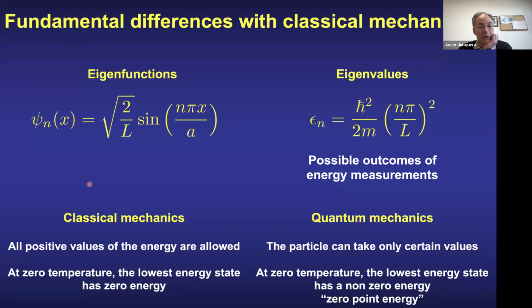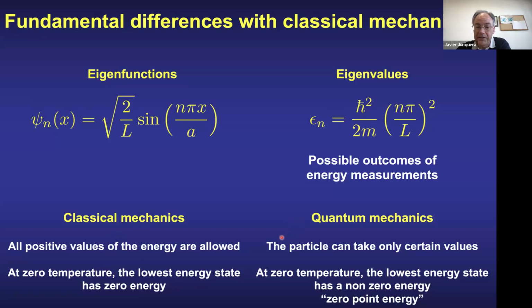If you remember the possible solution for a particle in a box in classical mechanics, then all the positive values of the energy are allowed. And at 0 temperature, the lowest energy state has 0 energy, because at 0 temperature the particle will be fixed, it's not moving. And since the potential within the box is 0, the total energy in classical mechanics at 0 temperature is 0.